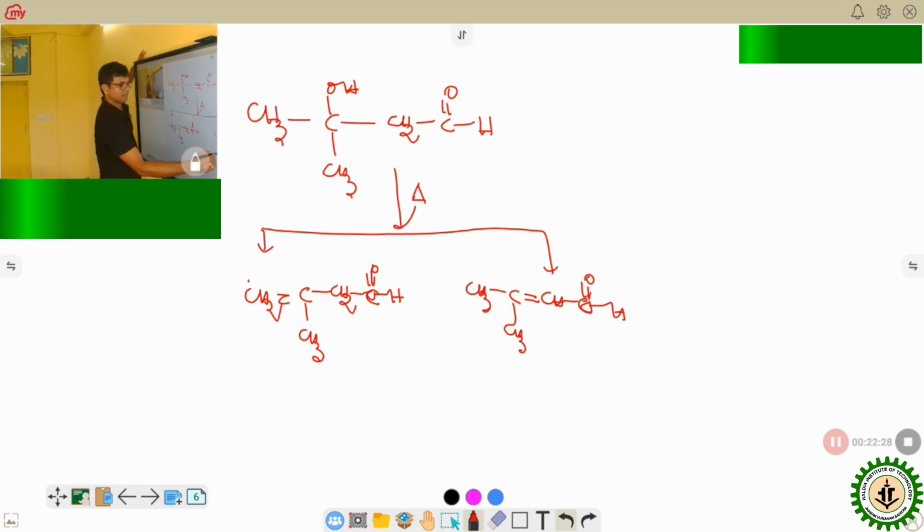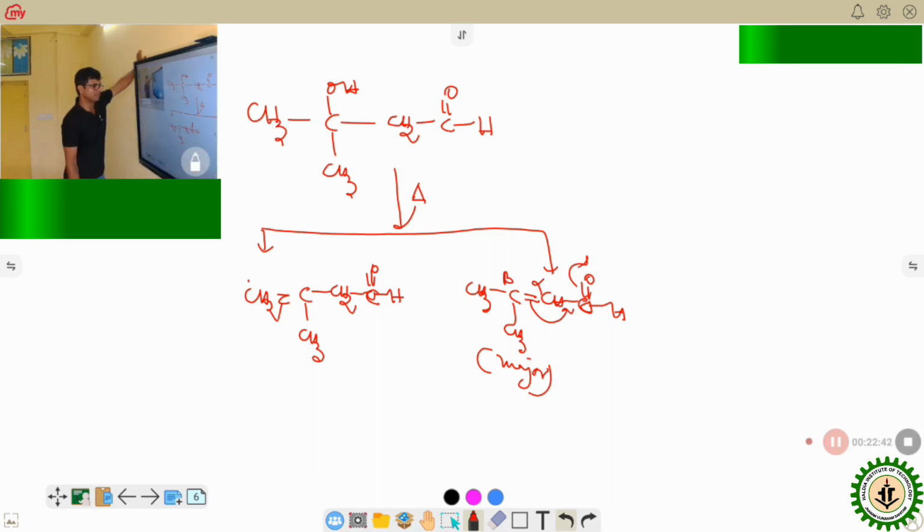But this is the major product, because this alpha beta unsaturated ketone is resonance stabilized. This is a conjugated system, conjugated with the CO group, but this is not a conjugated system. That is why this is the major product.